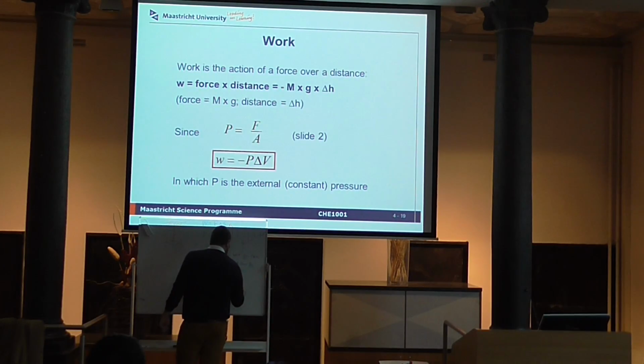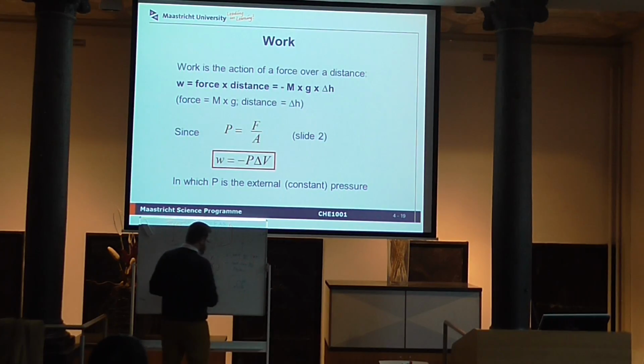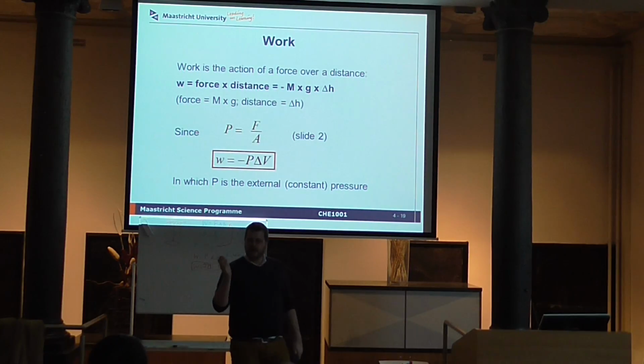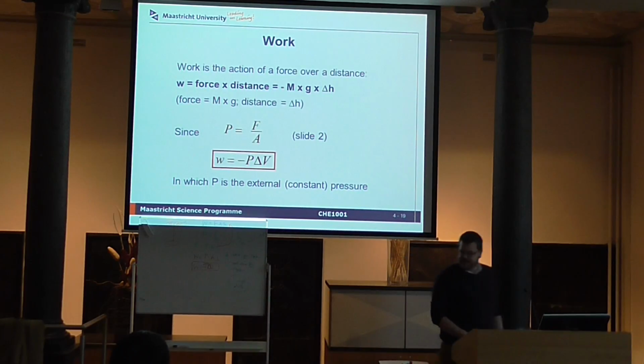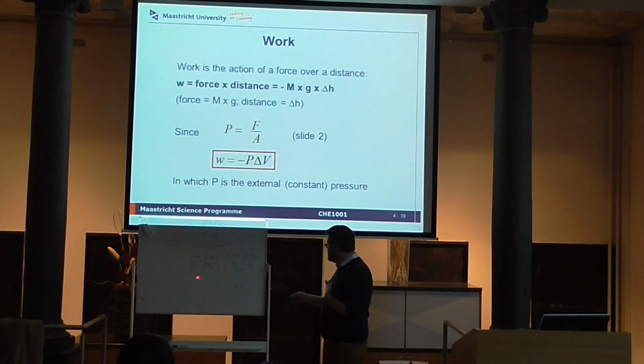Work done by system, it gets bigger. That's the delta V. And using the conventions we've had for plus and minus, it follows from that. Now this equation is useful if you have a constant external pressure, like atmospheric pressure. Then it's easy to calculate the work done on or by the system.